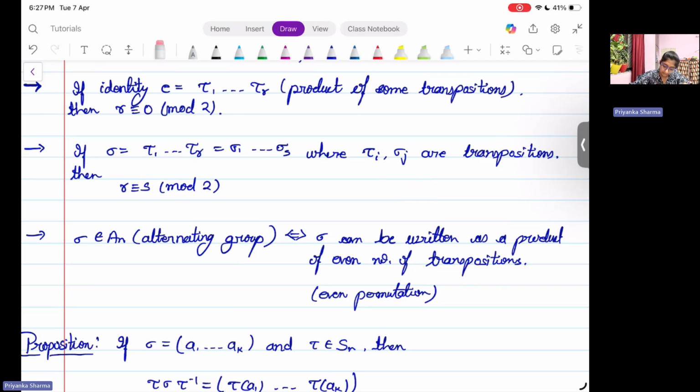And what is the alternating group? A permutation will be an element in the alternating group if and only if that permutation can be written as a product of an even number of transpositions. That is, the subgroup of all even permutations will be the alternating group.